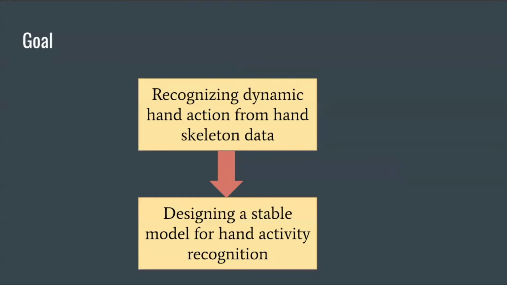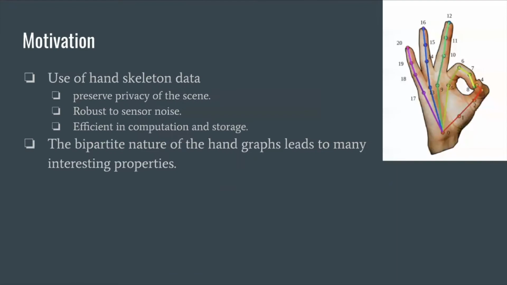So in this presentation, our goal is to recognize dynamic hand action from hand skeleton data. And for that, we will be designing a stable model for hand activity recognition. In this task, complex activity analysis, instead of video, we are using hand skeleton data, because it has many advantages, like it preserves the privacy of the scene.